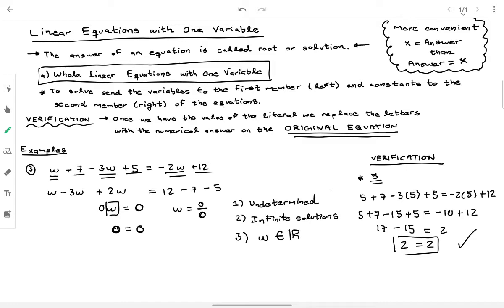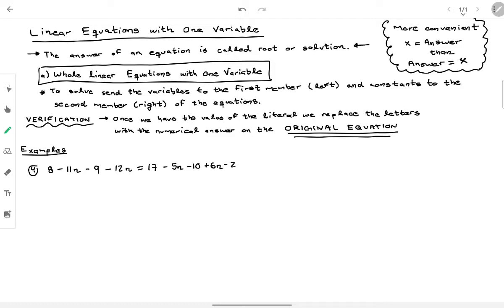So I will do only one last example of a specific value of an equation. In this case, we have this equation. It's very easy. Remember, the variables will go to the left part of the equation. Those that don't move stay with the same sign.